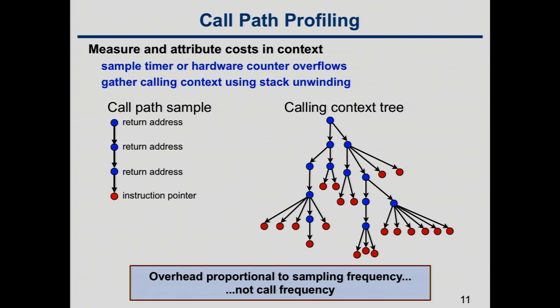We get interrupted, and then we look and figure out how we got here. The only time we do that is when we've received an interrupt from a hardware counter or a timer, and you get to control the frequency of that, so you can control the overhead.